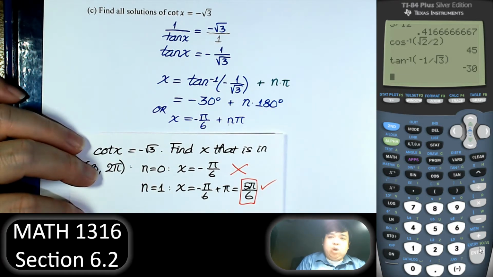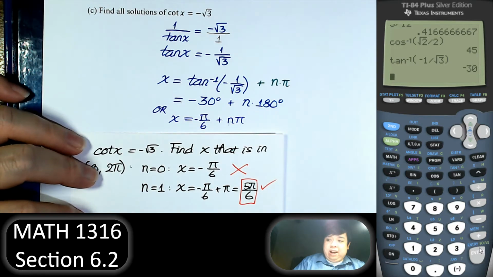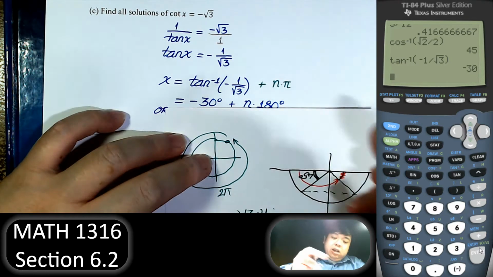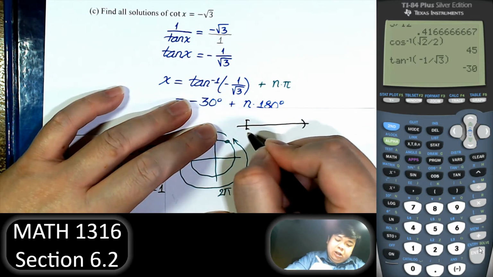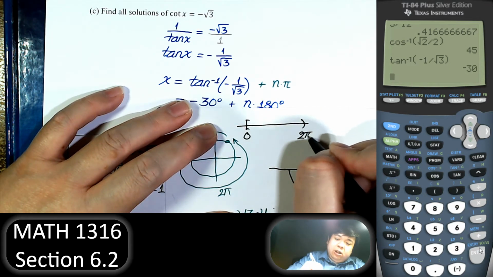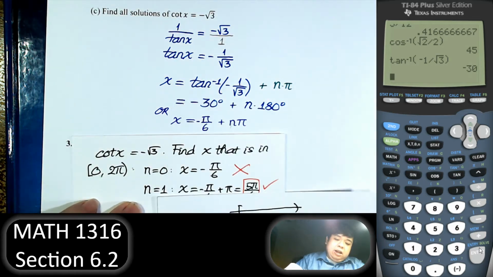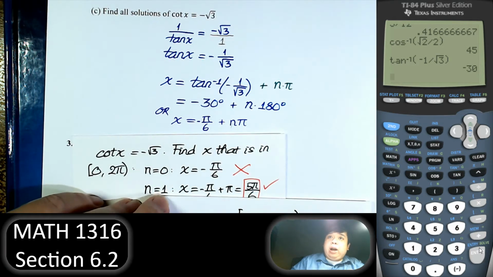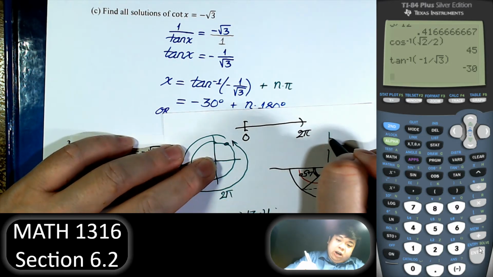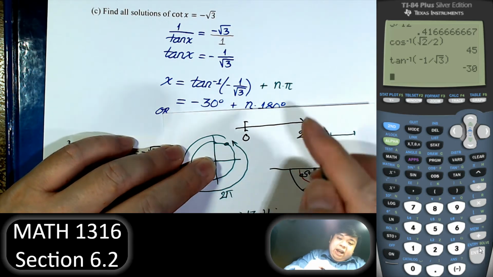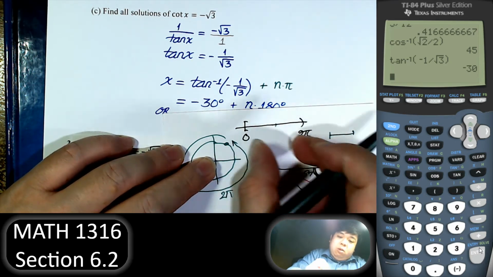Now, do we have another one, or is that all we have? Think about this. We look for the answer between 0 and 2 pi, and in our problem, the period is n times pi. So we try to fit the solutions that are about this much apart.